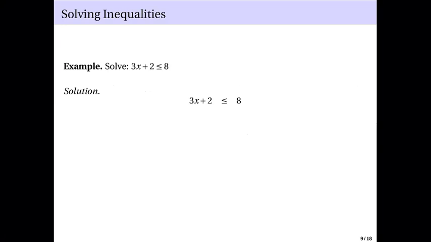In this inequality, you see a linear expression only. We have the variable x and the expression 3x plus 2, which is just a linear expression. On the other side, we just have a constant.